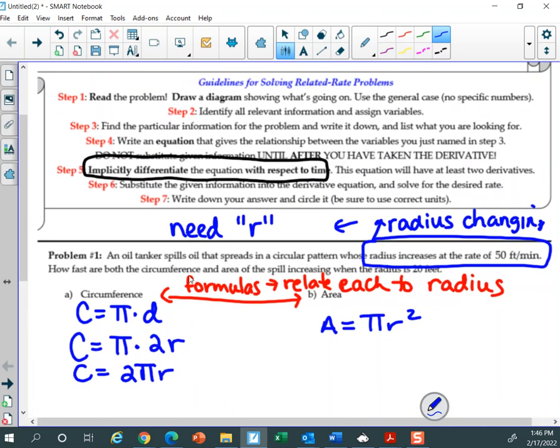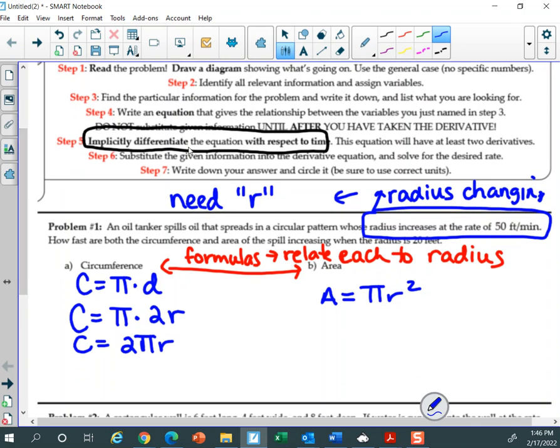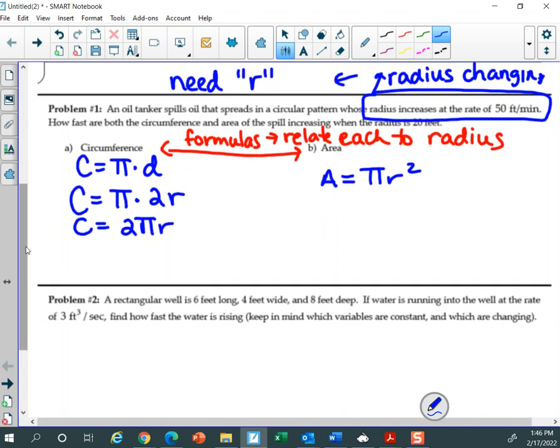It's a circle that's getting bigger. It's this oil spill, and the radius is growing, and so as the radius grows, the circle is growing. I've got an equation that relates the circumference to the radius. I'm kind of doing these two simultaneously, so I went ahead and wrote a relationship that relates the area to the radius. And now we're going to take the derivative with respect to time.